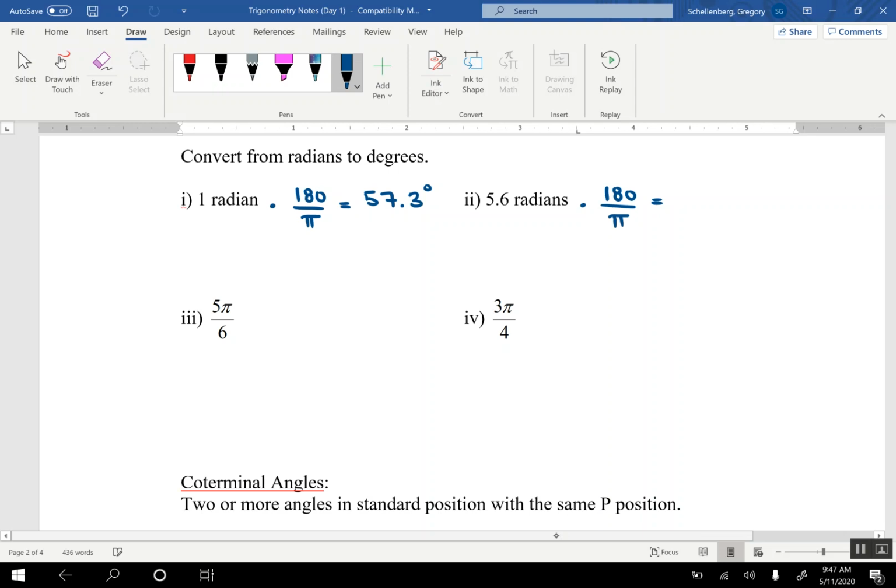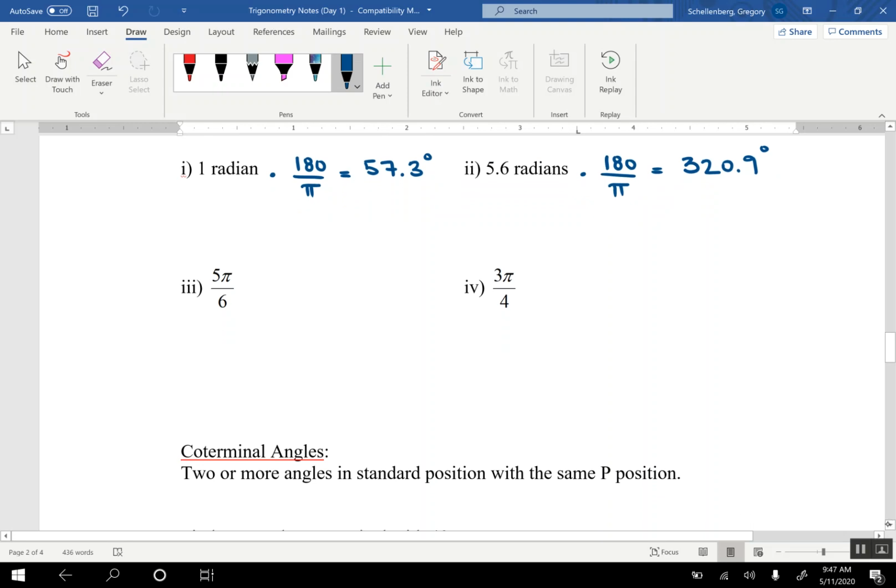And if we plug that into our calculator, we should end up with something like this, 320.9. And that's an angle measured in degrees. Okay, and 5 pi over 6, same idea, multiply by 180 over pi. We end up with 150 degrees. And 3 pi over 4, we end up with 135 degrees.